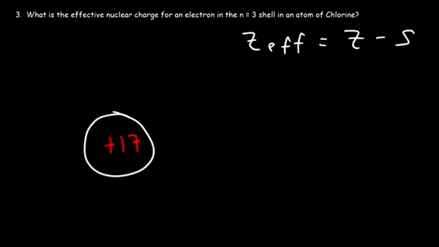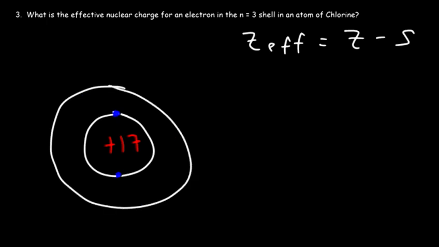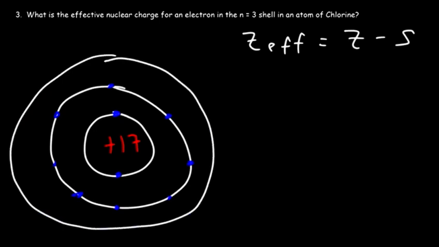The first shell has 2 electrons, and the second shell, just like aluminum, has 8 electrons. Now the third shell, the last shell, has the remaining 7 electrons. So those are the 7 valence electrons in chlorine.